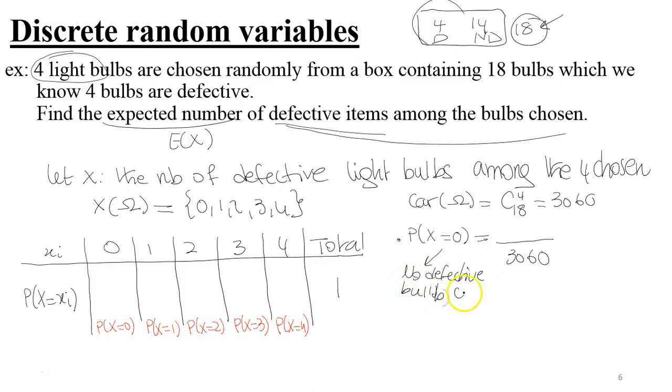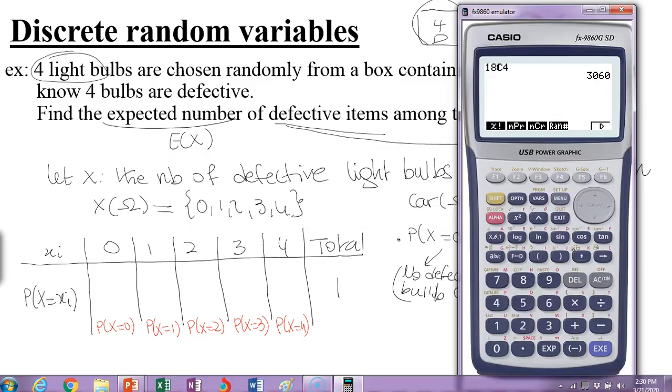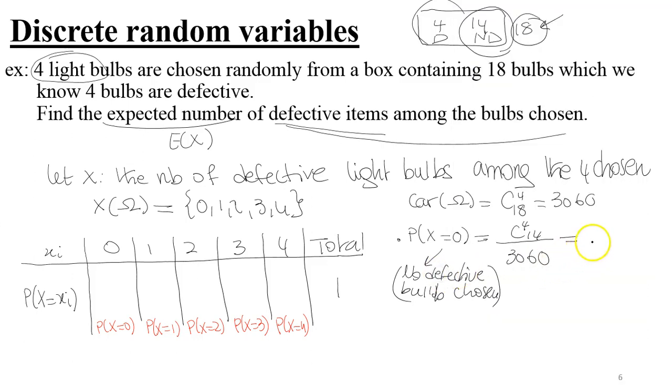What does it mean that no defective bulb is chosen? It means that the 4 bulbs you have chosen were chosen out of the 14 bulbs that are not defective. So the cardinal of this event is a combination of 4 out of 14, so it's 14C4, which is 1001. So that's 1001 over 3060.